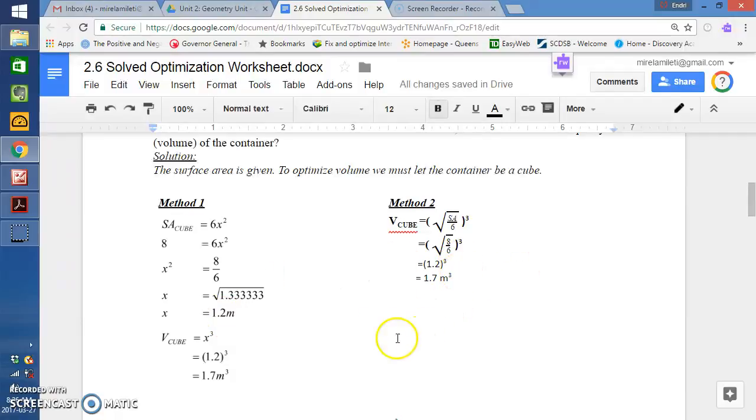So in this kind of problem, you have 2 ways to approach it. One is to figure out the side of the cube given the surface area, and then use that in the formula for the volume of the cube. Or, directly knowing that you need a cube, you can substitute the information given to you, the square root of surface area over 6 to the exponent of 3, and then figure out the value. One way or the other, you're going to get the same answer.